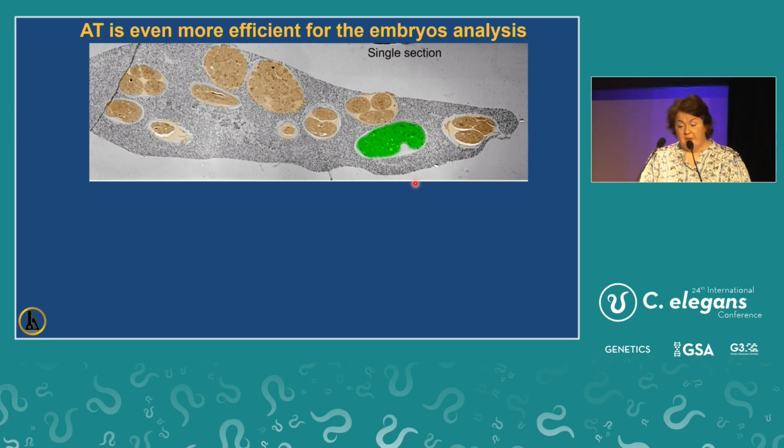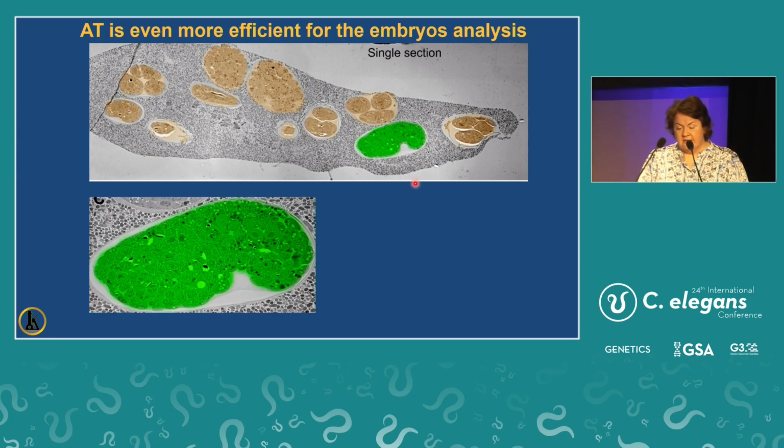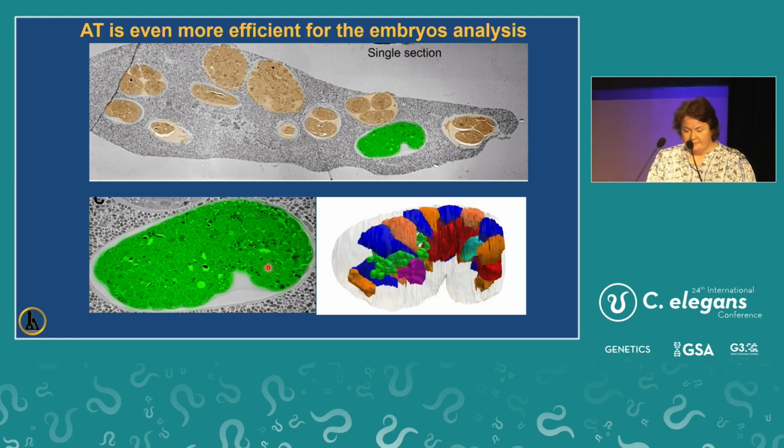And actually, embryos, I learned that with this approach, embryos is actually even easier than the worms, because what I do, I just collect a lot of embryos from the stage that I want to get, and then I just blindly cut into different blocks, and I can find the stage I'm interested in after I section.